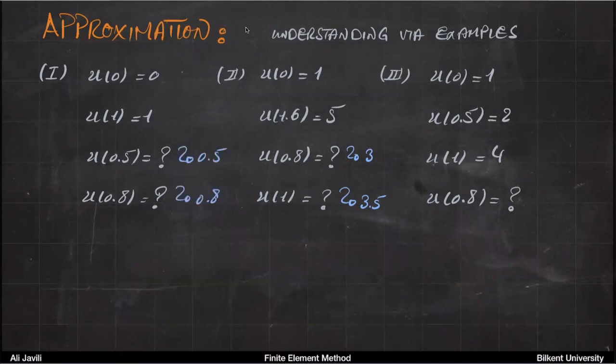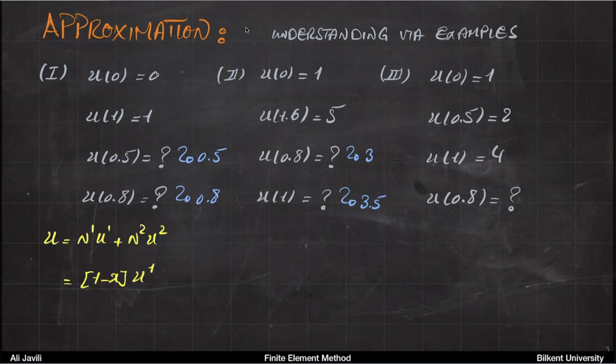So let's do the first example, the one on the left. As we discussed, we expect u to be n1 u1 plus n2 u2. In this example, n1 is 1 minus x, and u1 is the value of u at node 1, okay? Plus n2 is x, and u2 is the value of u at node 2.